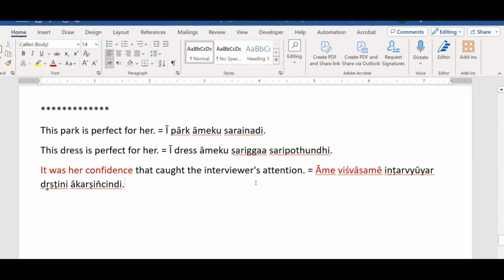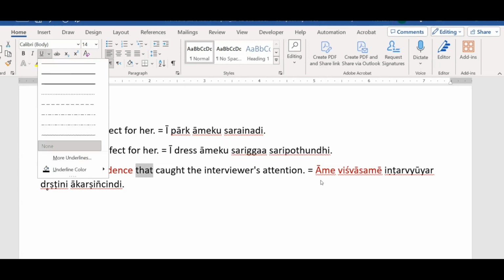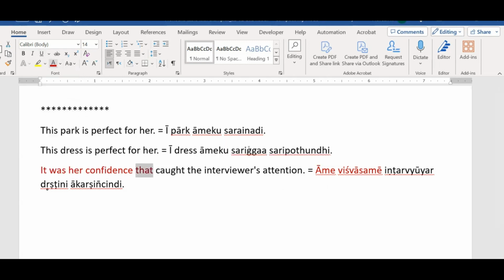That caught the interviewer's attention. Interviewer's "drishtini". So since we have that, we can match with the same color. Caught means "akarshinchindi", that it was her confidence that caught. In this context, caught means "akarshinchindi".